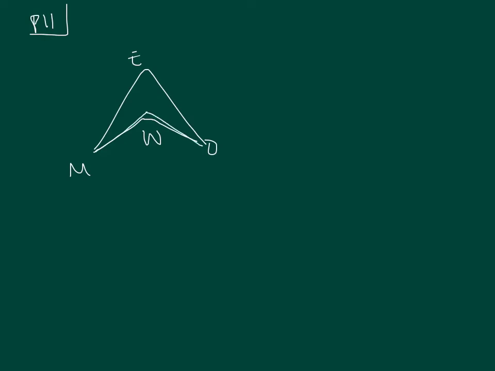Problem number 11. Give a scale factor that changes the quadrilateral as indicated. Shrink it, so make it smaller. That's what it means, and enlarge it.